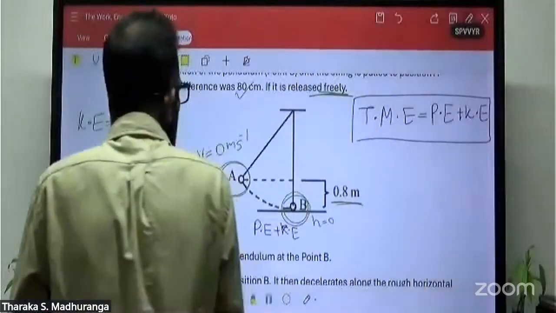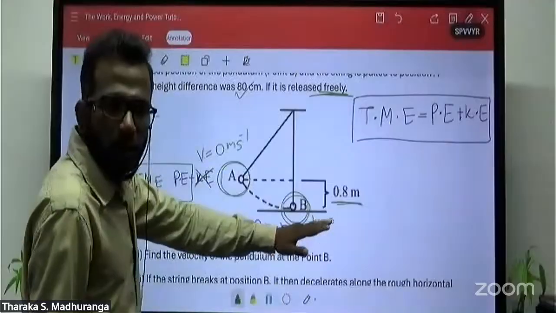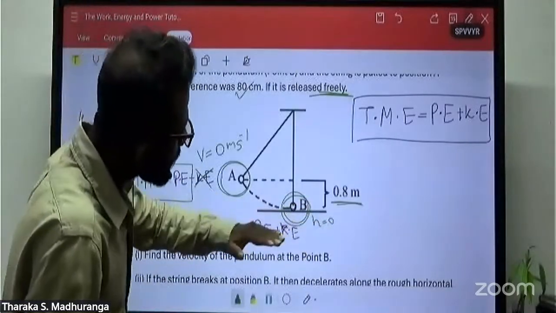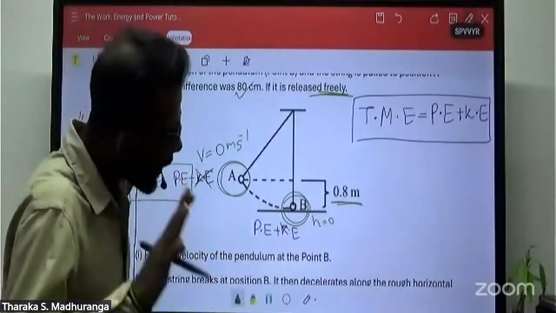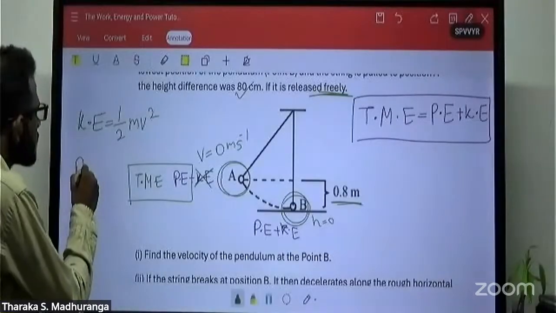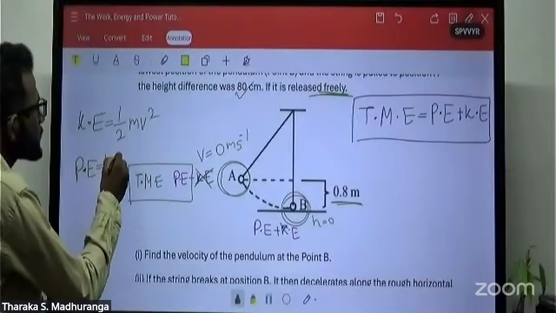Now, when we consider the total mechanical energy at point B, what happens? At point B, the height is 0. What does that mean for the potential energy? The potential energy is mgh, do you remember?